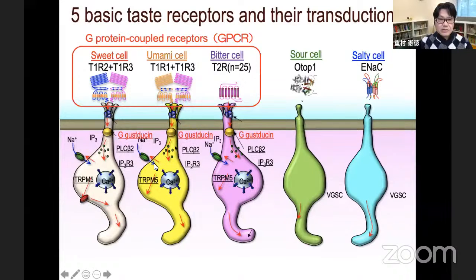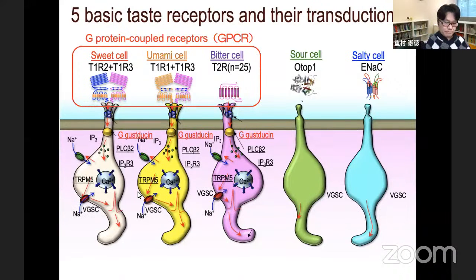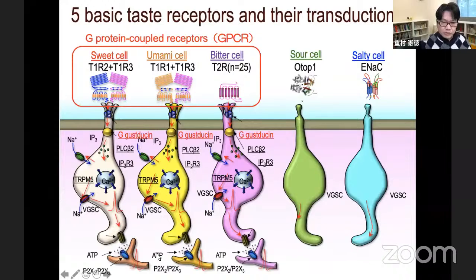And downstream molecules, PLC beta 2, IP3R3, and TRPM5 convey the information one after another like a bucket relay, and finally induce the action potential, leading to the release of neurotransmitter, which activates the taste nerve. An interesting point is that these transduction molecules, gustducin, PLC beta 2, IP3R3, are common among these taste signals.